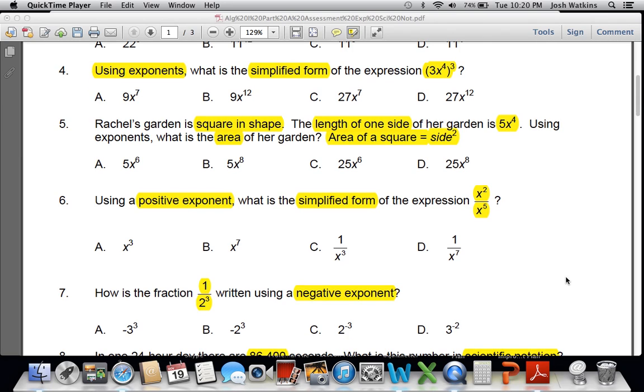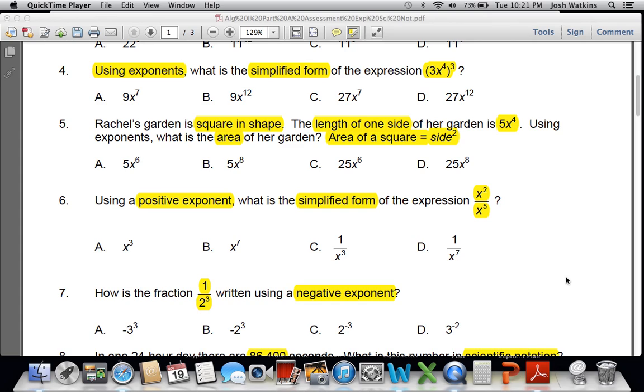Number 6, using positive exponents, what is the simplified form of the expression x to the 2nd over x to the 5th?